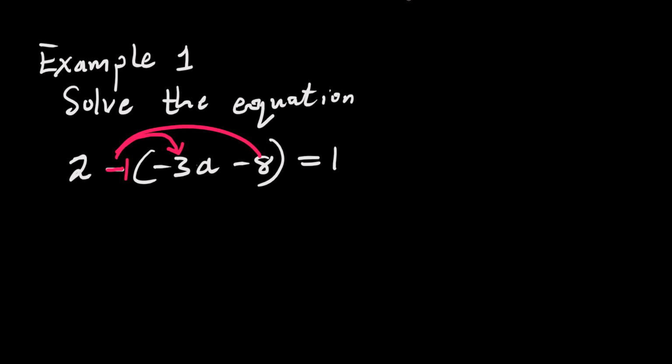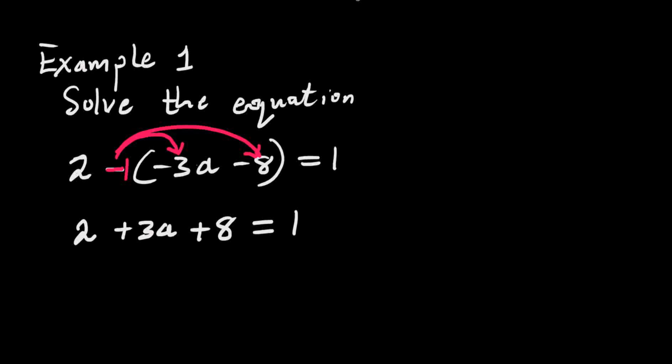So distribute it into this and this. All right, so this automatically will become 2, and negative 1 times negative 3a becomes positive 3a. And negative 1 times negative 8 is positive 8. And this will be equals to 1.